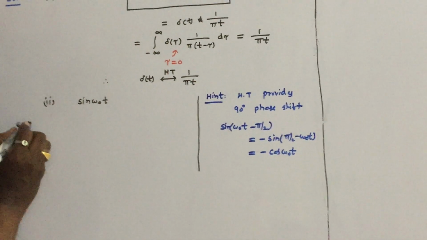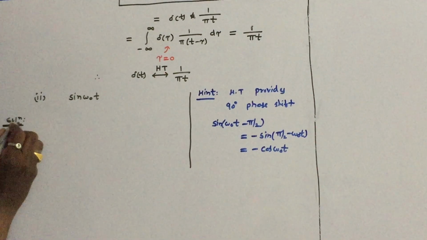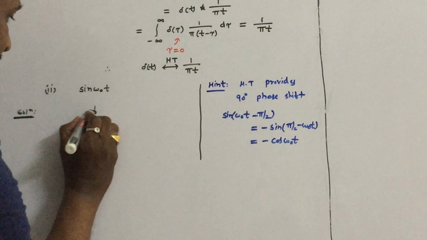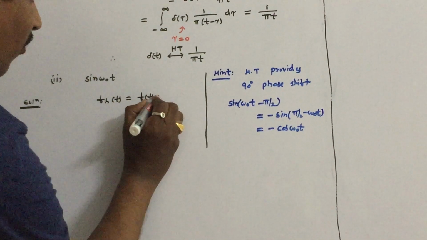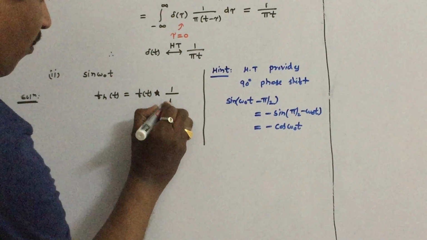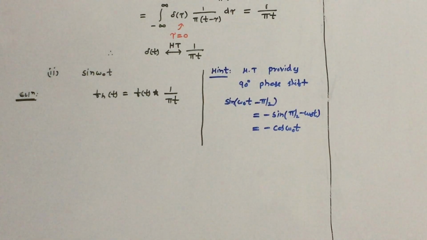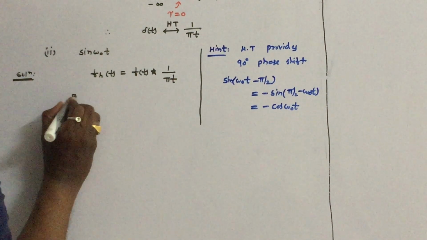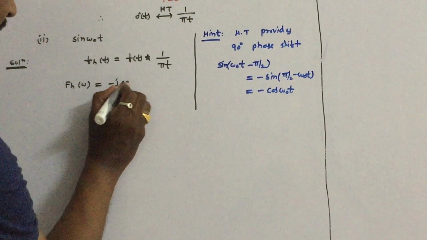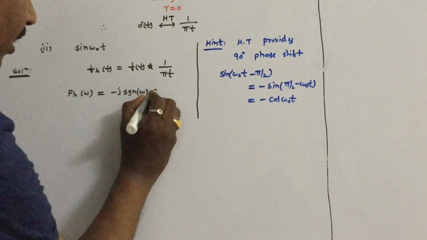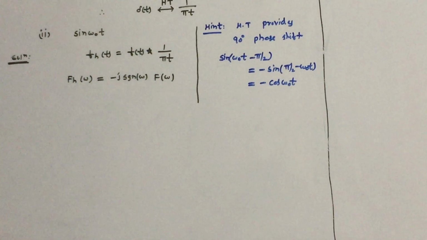Let us see how to prove this. What is the Hilbert transform definition? Fh of t is equal to f of t convolved with 1 by pi t. This is the formula we have. By taking the Fourier transform, we have derived one more formula: Fh of omega is equal to minus j signum of omega into F of omega.